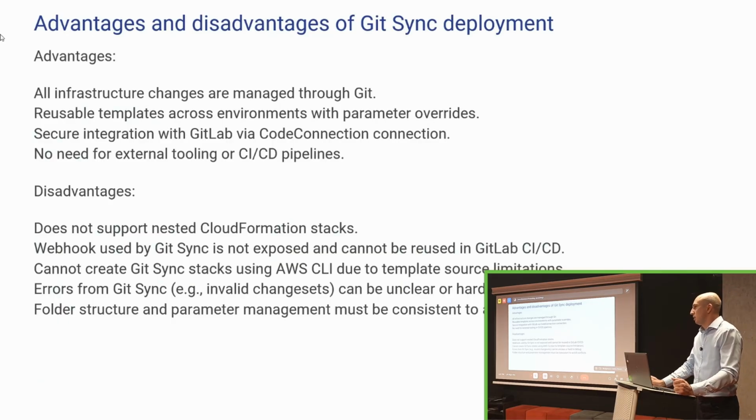It's more secure because we have only connectivity between our AWS and our repository, and it's a secure connection, and it is not necessary to have any additional pipelines. But a disadvantage is that it doesn't support nested stacks because, as I already mentioned, the source should be in an S3 bucket.